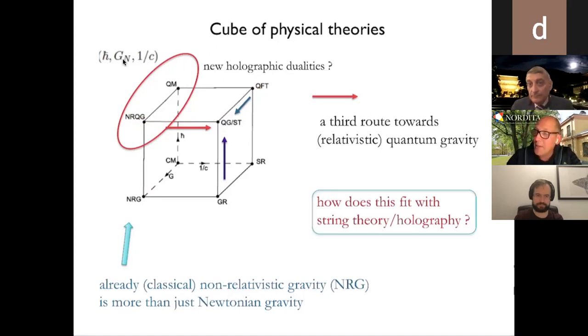And last but not least, just as holography is a duality between these corners, as I alluded to in the previous transparency, we're also seeing signs that likewise there are holographic correspondences involving non-relativistic quantum field theories or quantum mechanics and non-relativistic string theory.